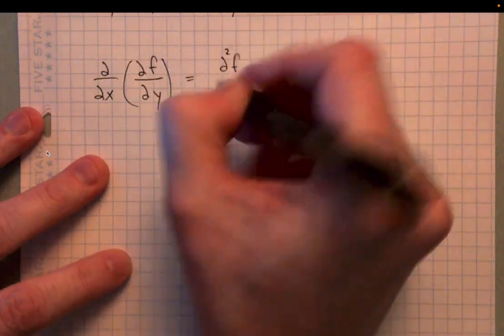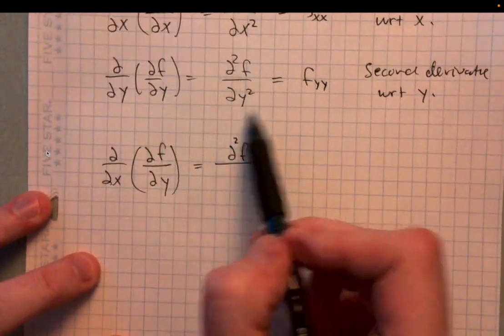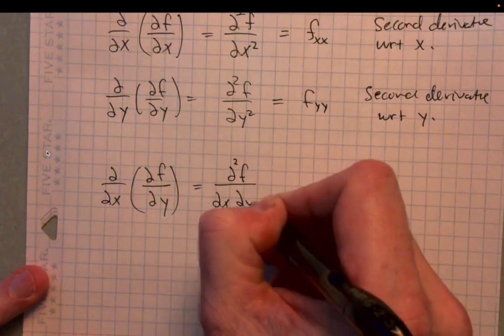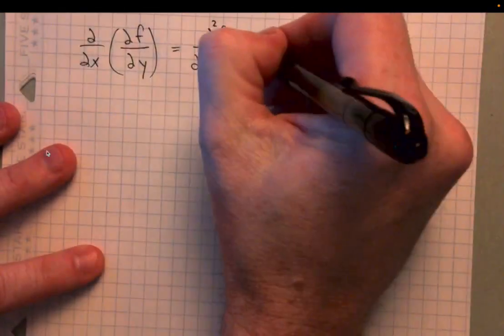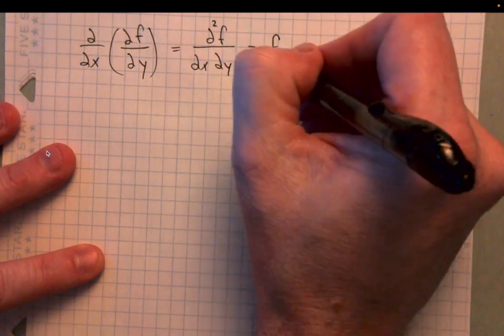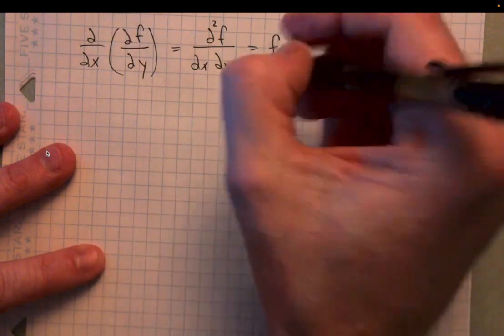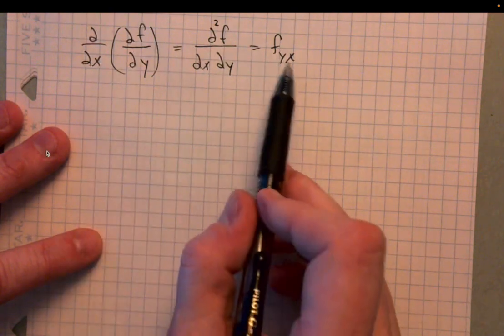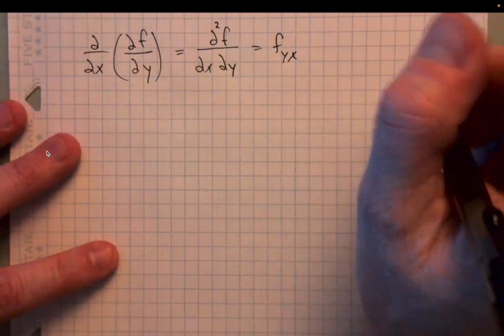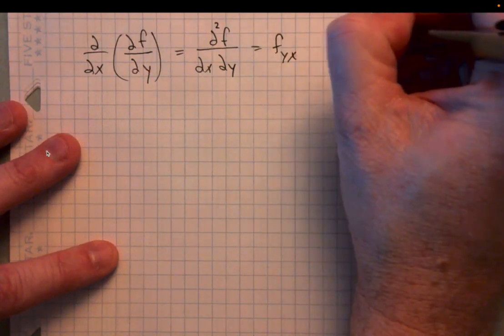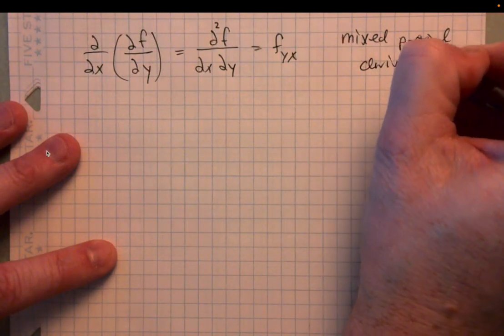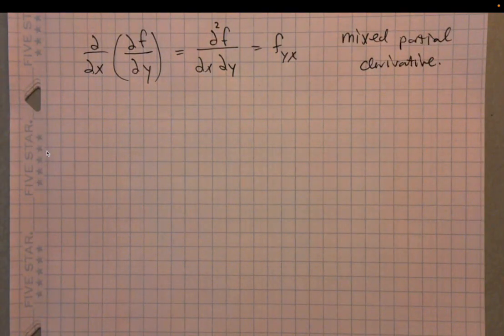This is notated similarly to what we have up here, except instead of del y squared or del x squared, you get a del x, del y in the denominator, and similarly here you would have f sub yx. The first derivative was with respect to y, and the second derivative you took was with respect to x. This is what's called a mixed partial derivative.